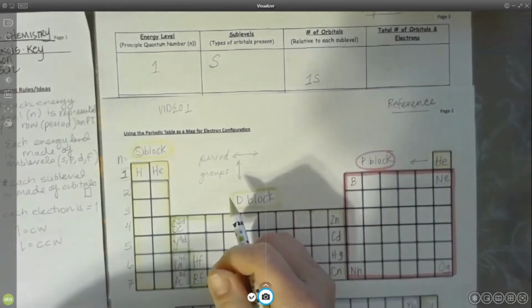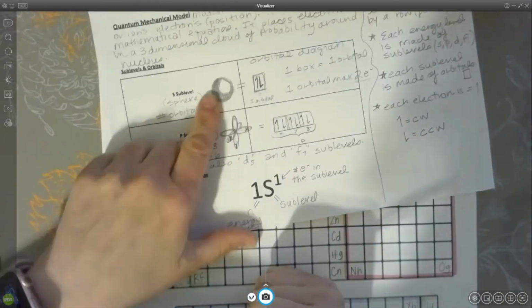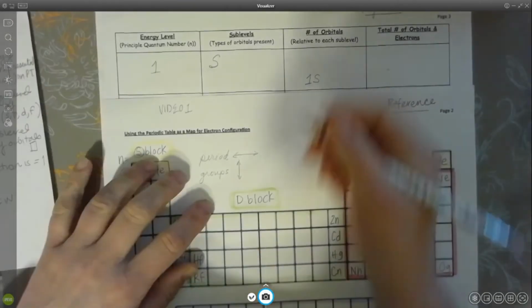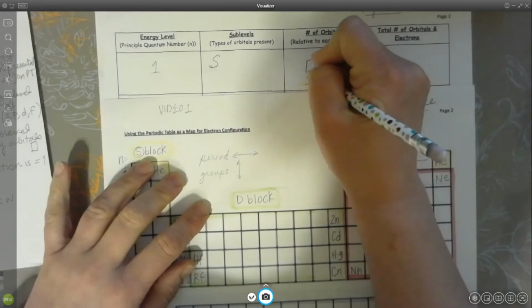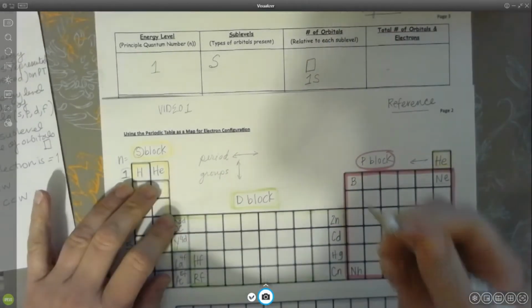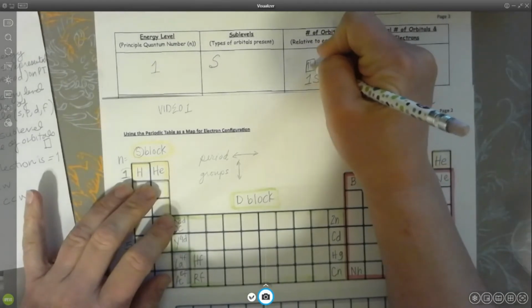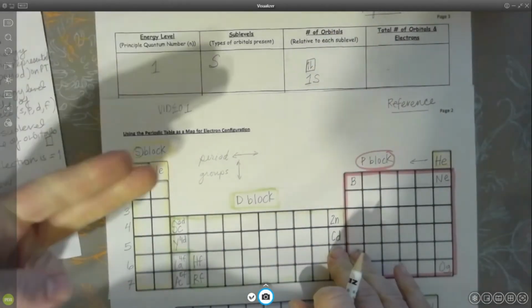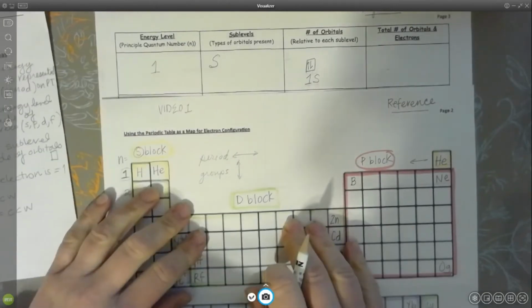And I know from my notes that that only has one orbital. And so I'm going to draw it like this as a square, and I write it right above it. And I'm going to remind myself that it can only hold up to 2 electrons. It could have 1, but it could have up to 2. Okay?